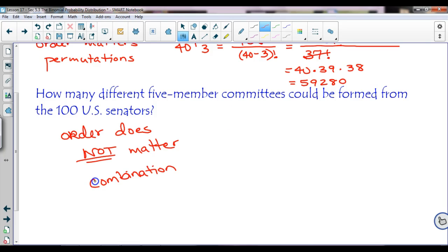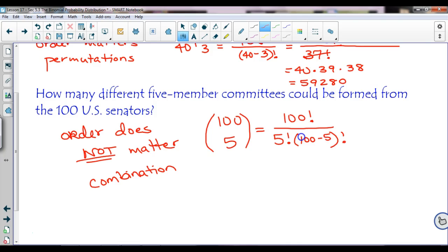So I have 100 members, and I'm choosing how many? 5. So it's 100 choose 5. So what goes in the numerator? 100 factorial divided by 5 factorial times quantity 100 minus 5 factorial. Good. So what am I going to take the numerator down to? 95.